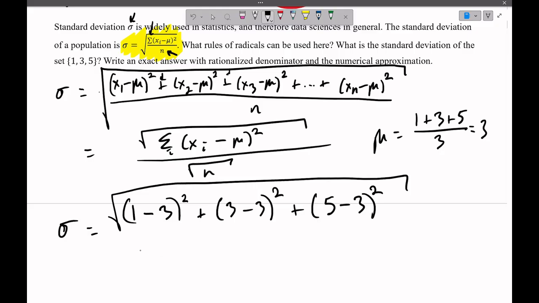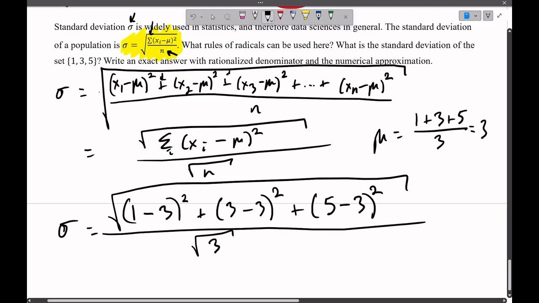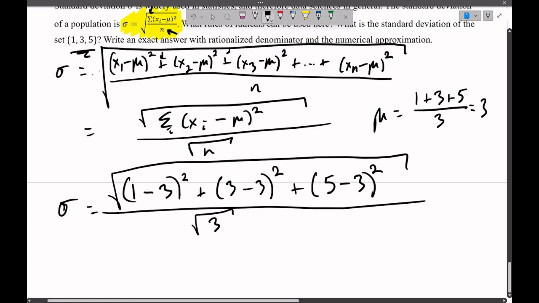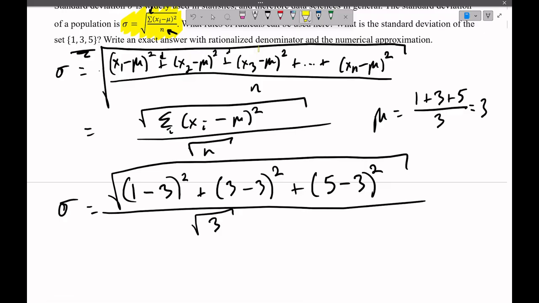The square root of that over the square root of the number of numbers, which are 3 in this set. Okay, we want an exact answer with rationalized denominator and a numerical approximation.